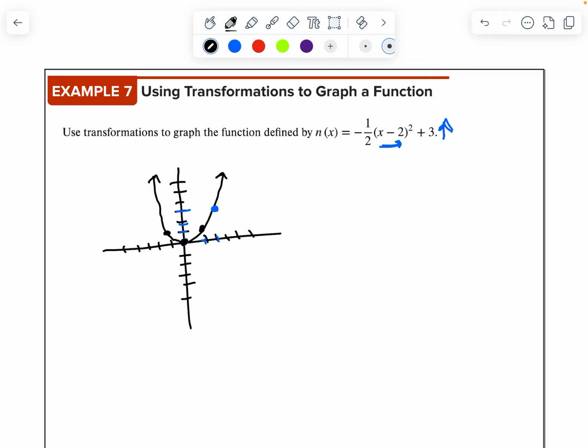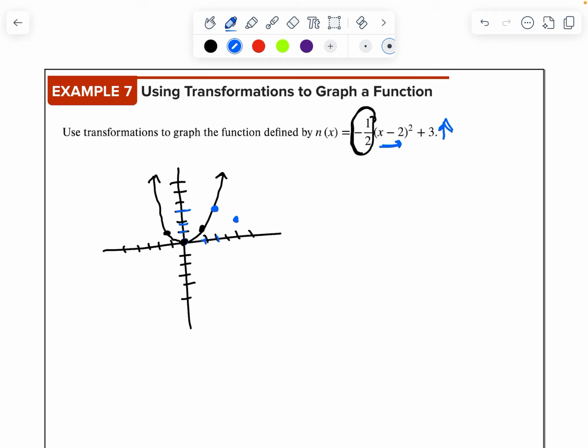All right, now without having to think too much about the reflection and all that jazz, we can still just look at that whole thing as if it were a slope. And then in the end, we can check and see, was it reflected? Was it shrunk as we think it was? So if we look at that entire thing as a slope, -1/2, to get to my next point, I need to go down 1/2 in each direction.